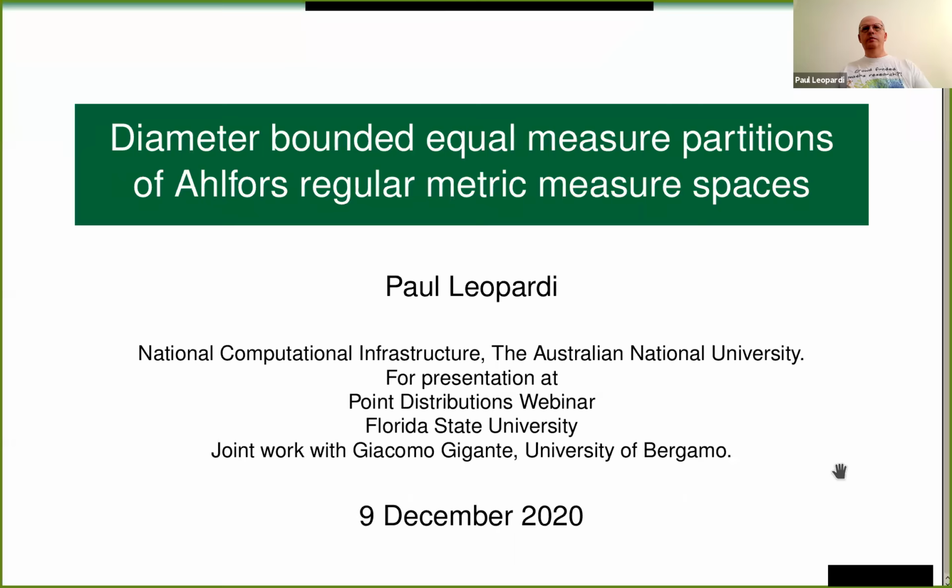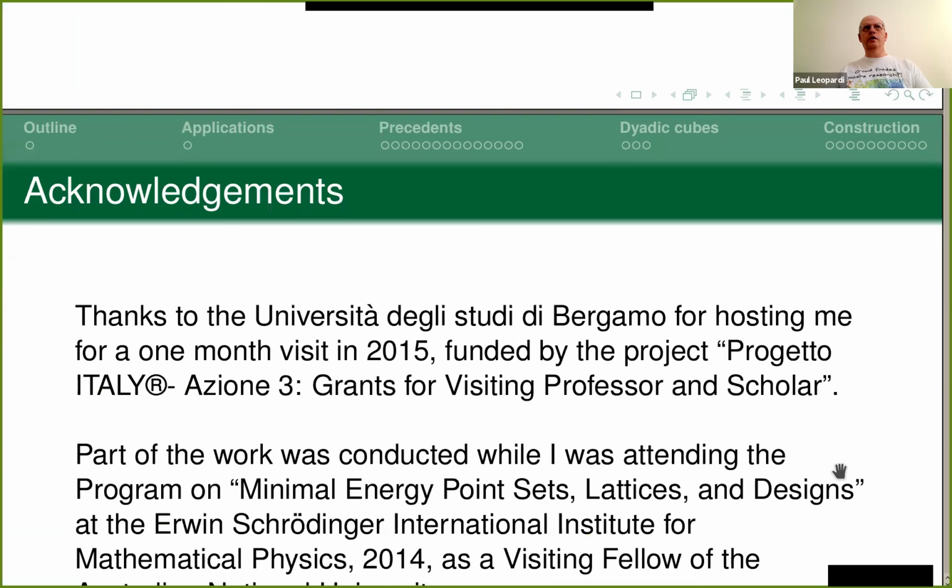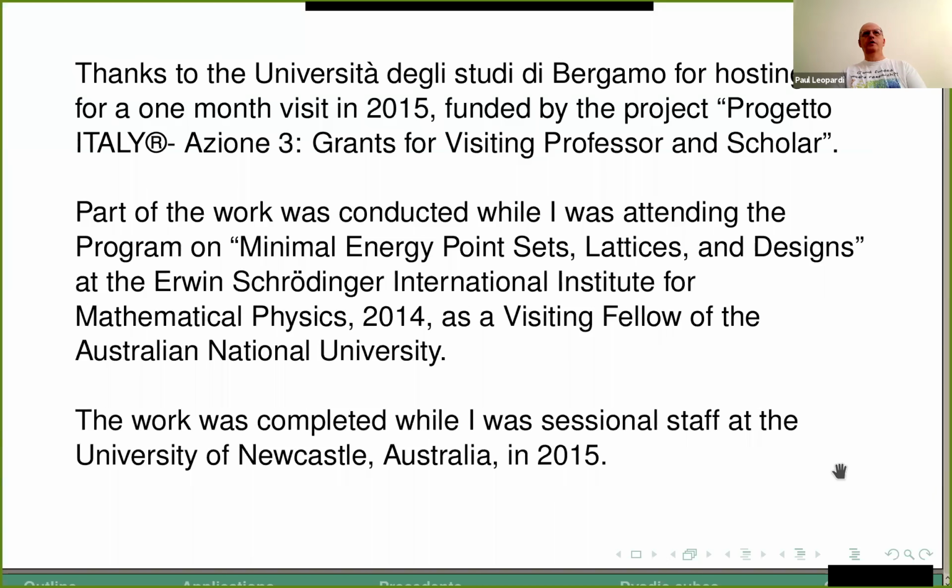And as per my usual, I'll go straight to the acknowledgements. This was work that was funded through the Italiazione Trail grants for visiting professor and scholar in 2015 at the University of Bergamo. And a lot of it was set up while I was visiting the Erwin Schrödinger International Institute for Mathematical Physics in 2014 on a program of minimal energy point sets, lattices and designs.